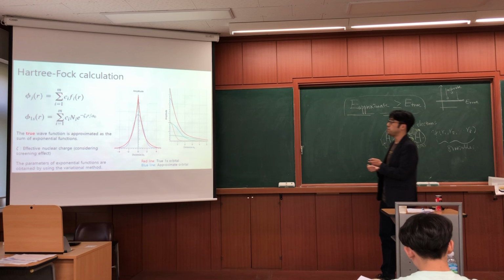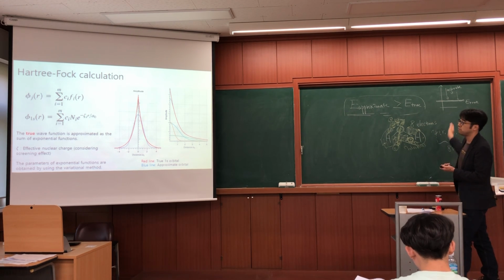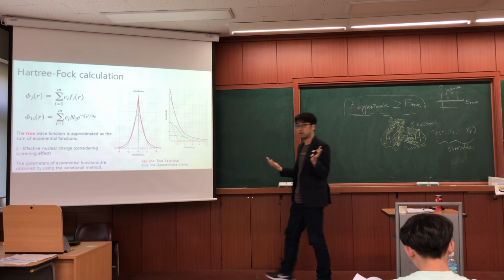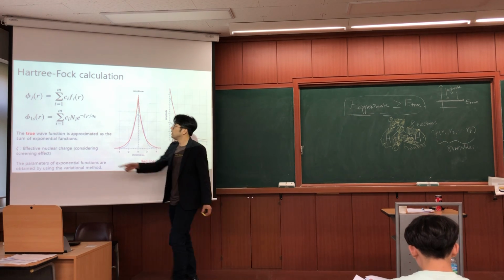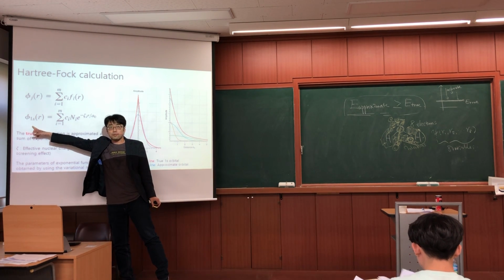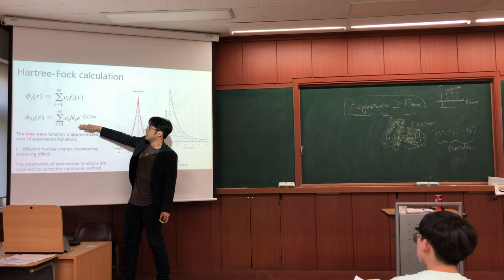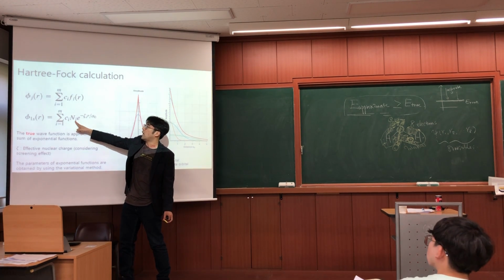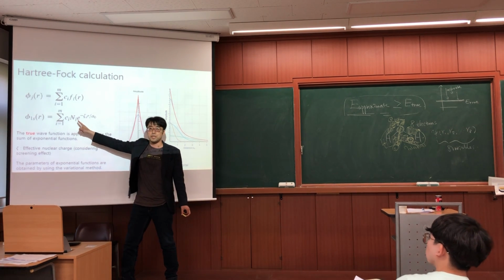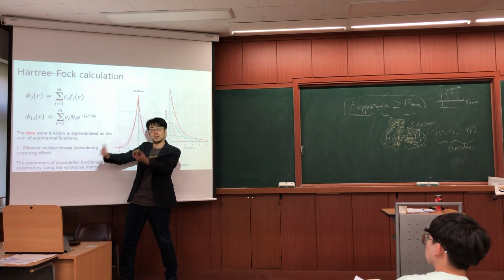As I wrote before, usually in Hartree-Fock calculations, the wave function of each electron is approximated like this. Here the Ci and Ni are constants, so they should be determined, they should be refined.